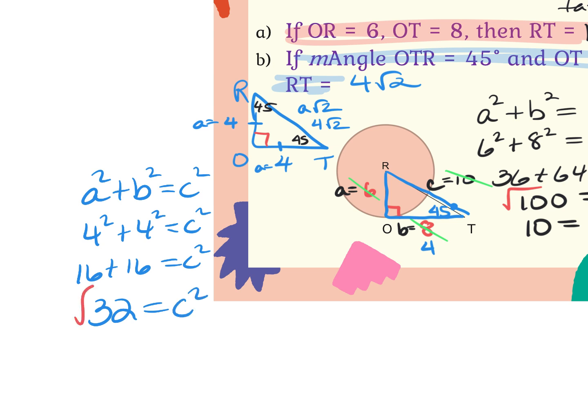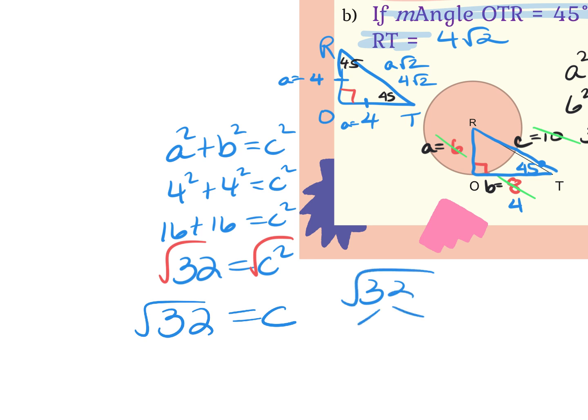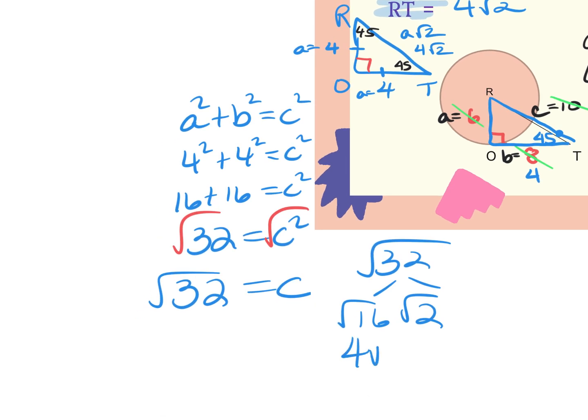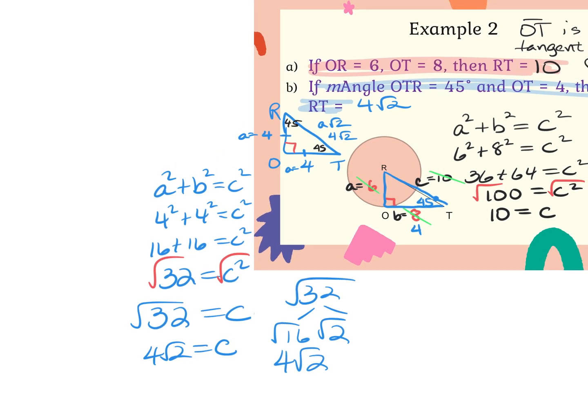Now you have to square root this, and then c is equal to the square root of 32, but we need to leave it in simplest radical form. So we'll do a factor tree. This turns into 4 square root 2, the same answer I got when I used my knowledge of special right triangles. So when the angles are given to you and it's a 45, 45, 90, or 30, 60, 90, you can also use your knowledge of special right triangles instead of doing the Pythagorean theorem.